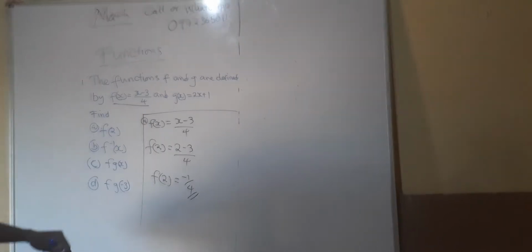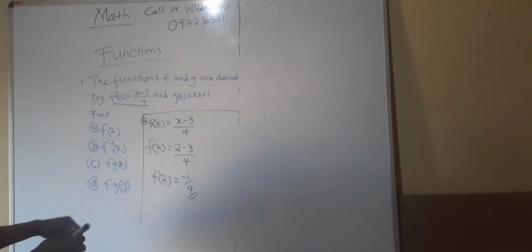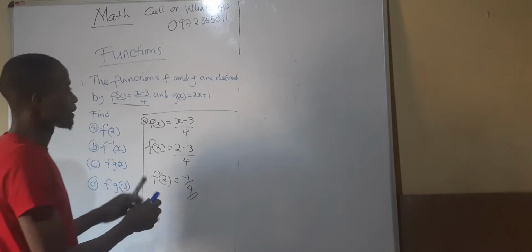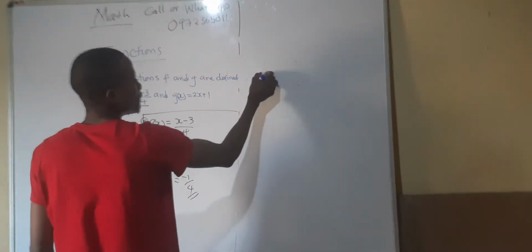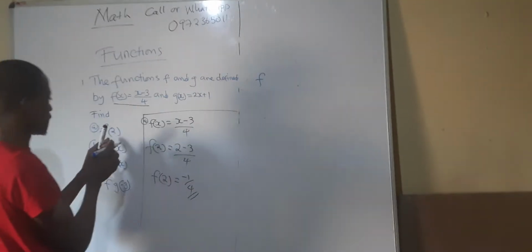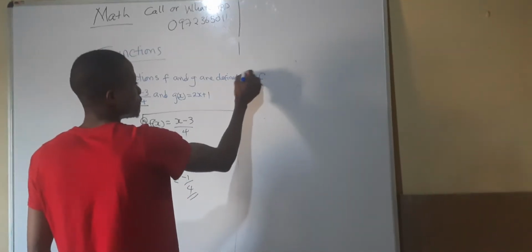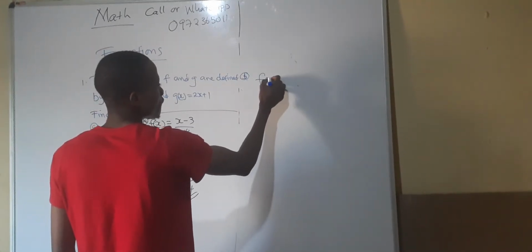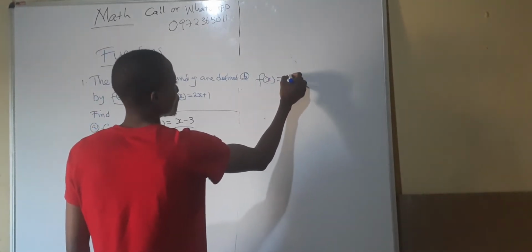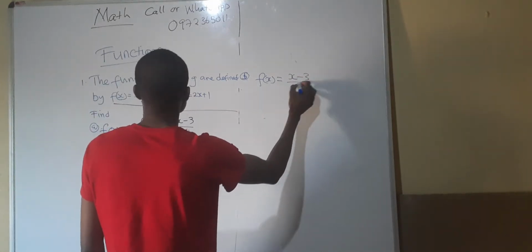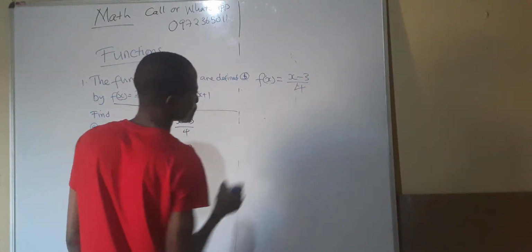So with the first question, which is f inverse of x, write first the f function, that's B: f of x is equal to x minus 3 over 4.